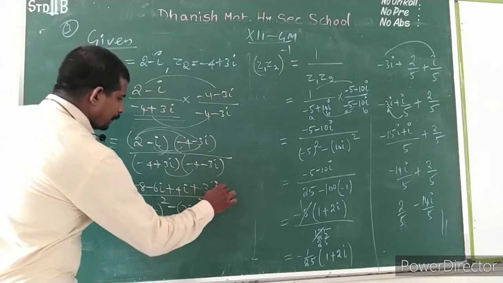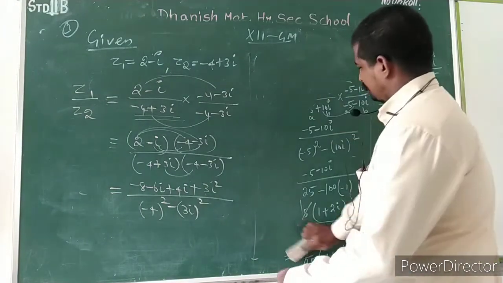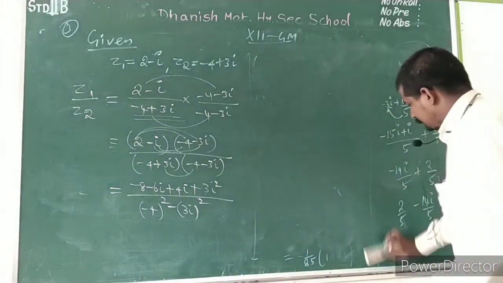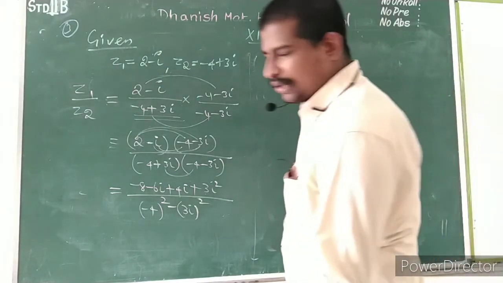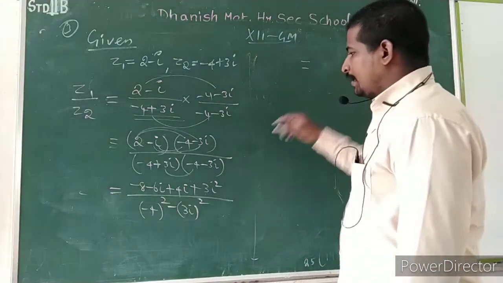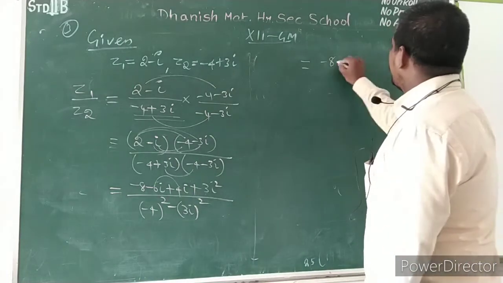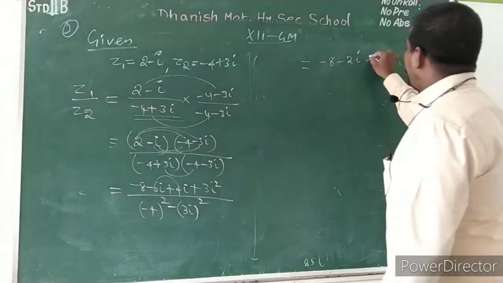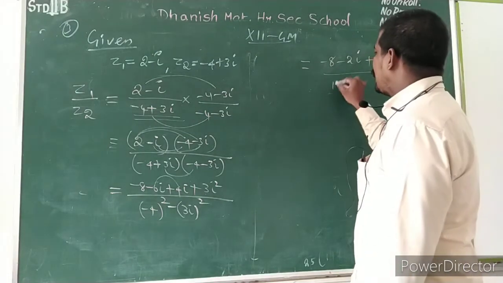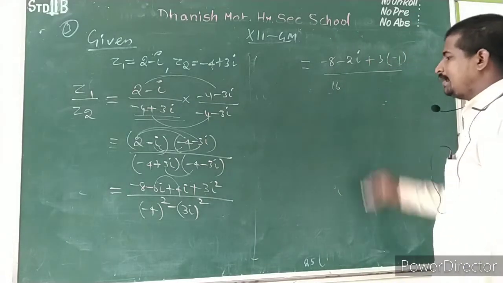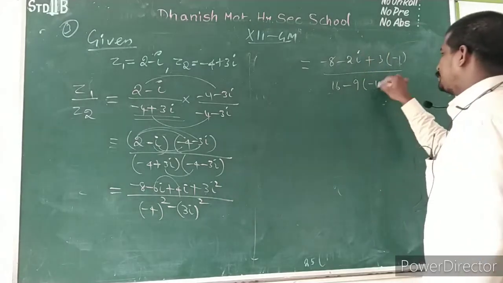plus 3i square. The next step would be, here we are having two items, minus 6i plus 4i is minus 2i, here plus 3 into i square. i square is minus 1, divided by, here we are having minus 4 square, that is 16, minus 3 square is 9 into i square is minus 1.